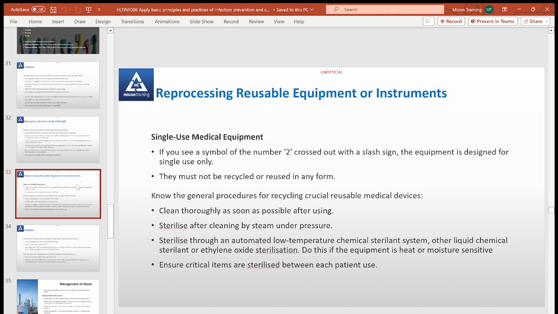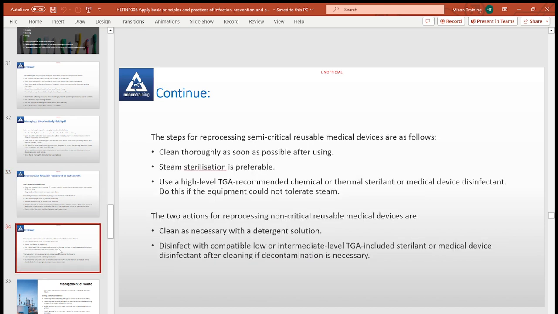Do this if the equipment is heat or moisture sensitive. Ensure critical items are sterilized between each patient. All these are what we are expected to do if we are using reusable equipment.